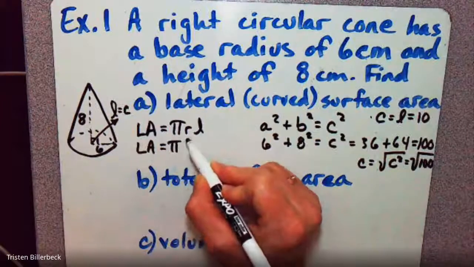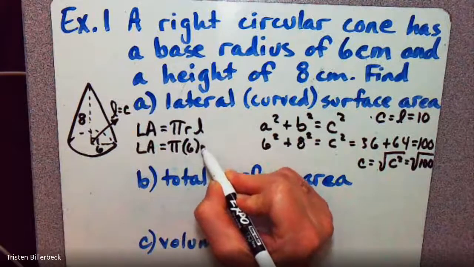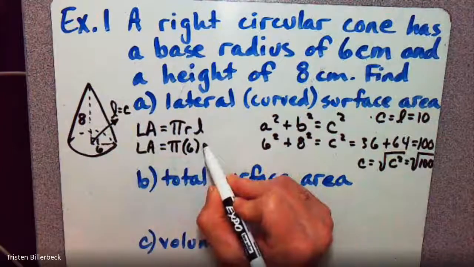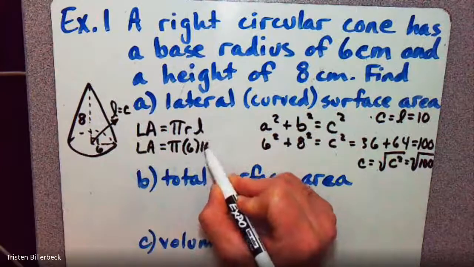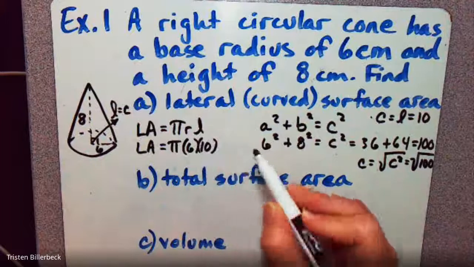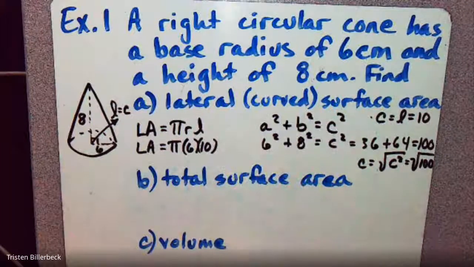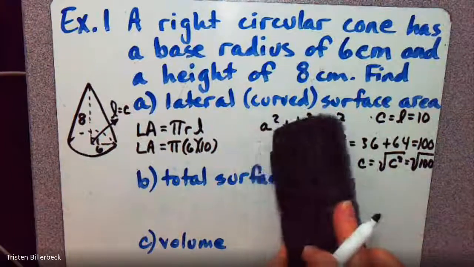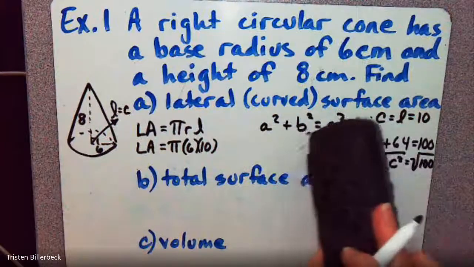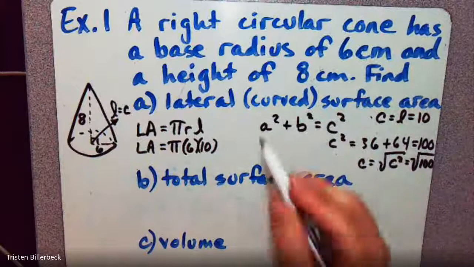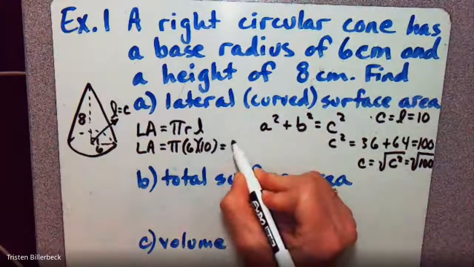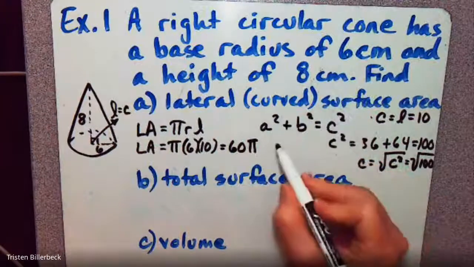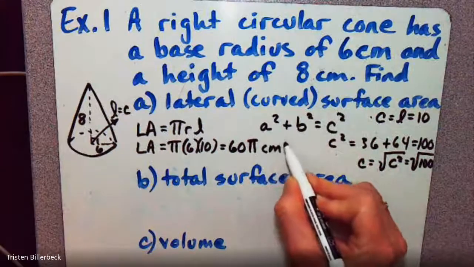So pi, and then we have 6 times, and then we have L is 10. So that makes it really nice and easy, because then what we have, I'm going to make some room here, what we have is 60 pi, and our units are centimeters, so it's going to be centimeters squared.